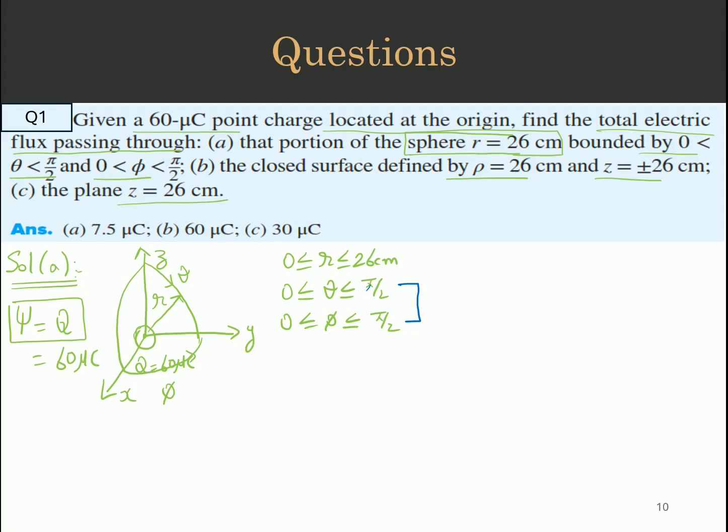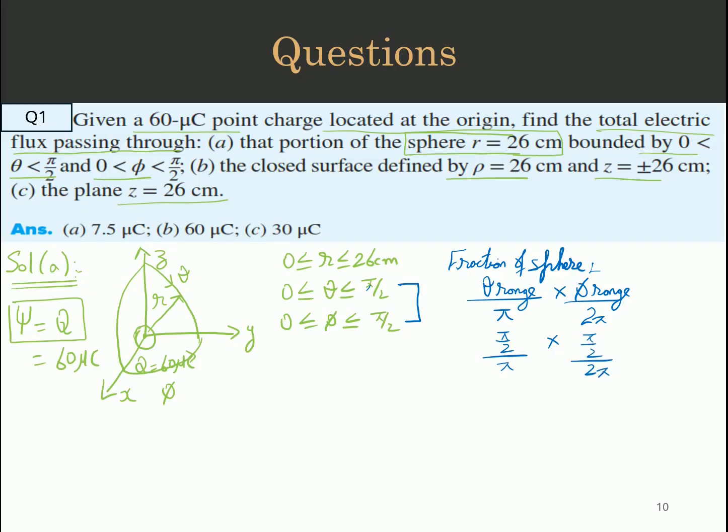To figure out the fraction of the sphere where the charge is going to radiate its electric flux lines, it is the ratio of the theta range provided to the total range, theta normally being from 0 to pi, multiplied by the phi range provided divided by the total range, phi covering the azimuthal range from 0 to 2 pi. Incorporating the values, theta range pi by 2 divided by pi, multiplied by pi by 2 divided by 2 pi.